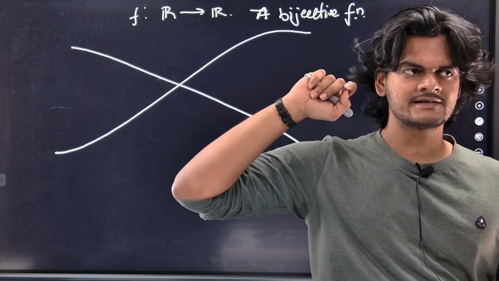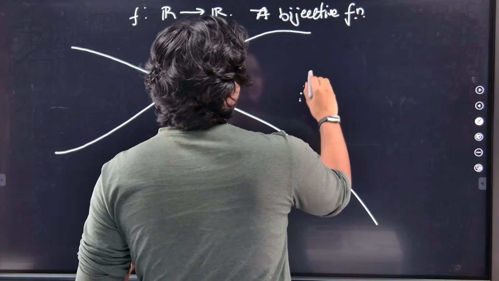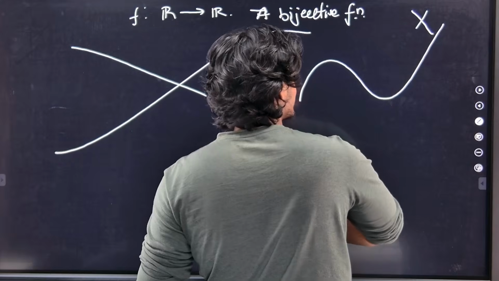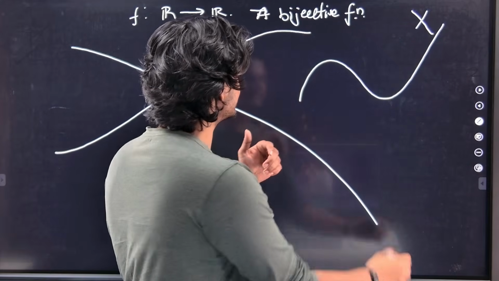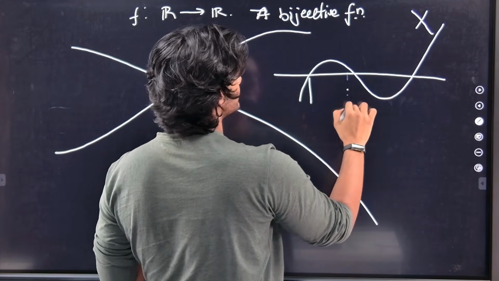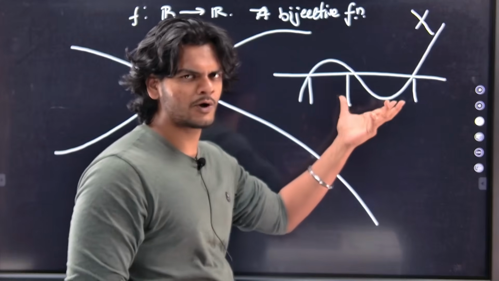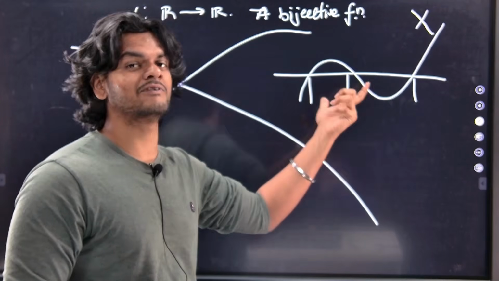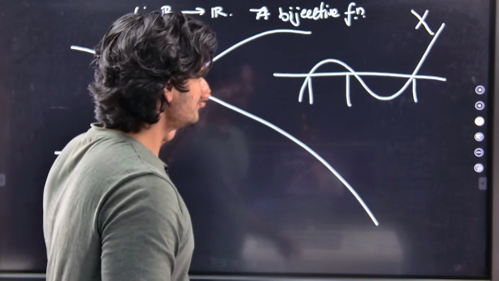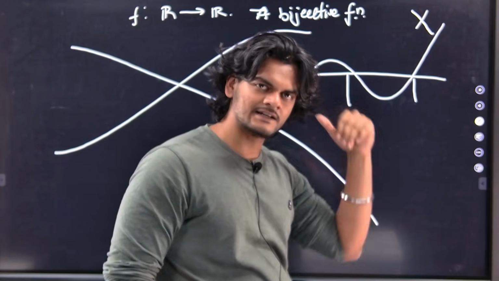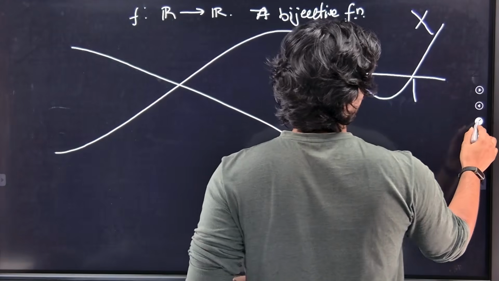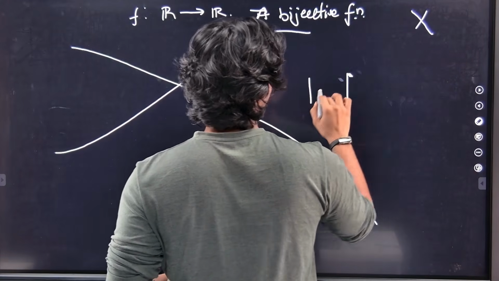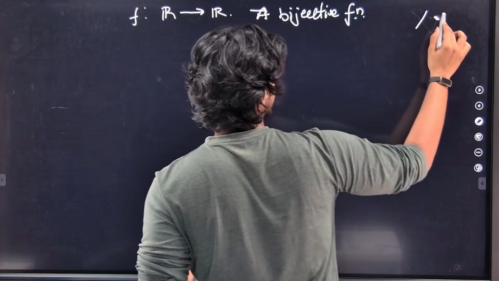It is not even possible to have a curve like this. It has to be strictly increasing or strictly decreasing, because if it is like this, then there are multiple points, so it is onto, but it is not 1-1. I hope that is understood.